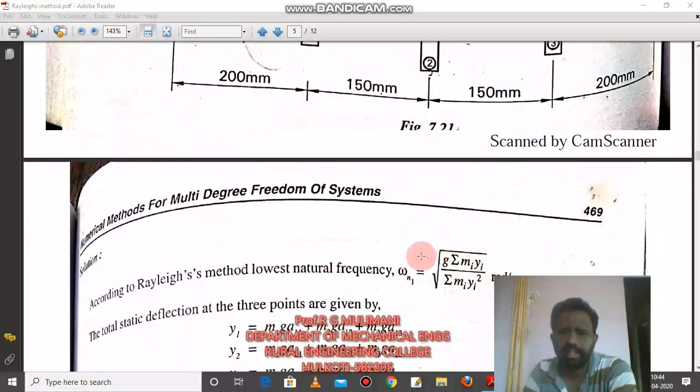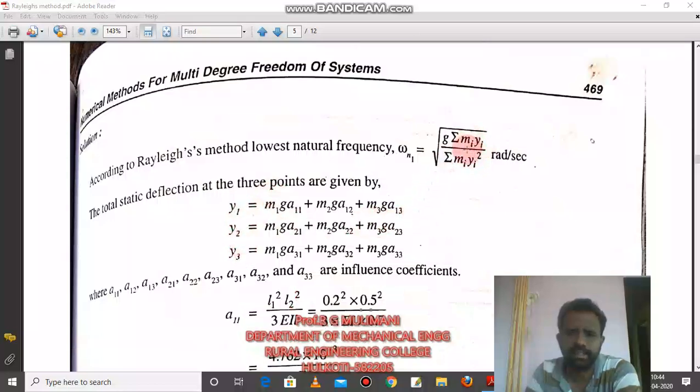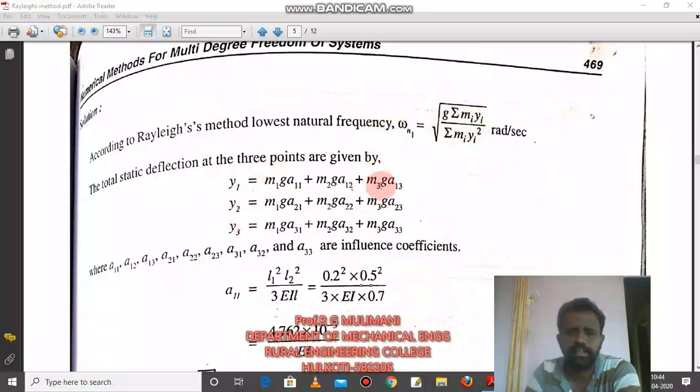Then omega n is equal to square root of g into m1 y1 plus m2 y2 plus m3 y3, divided by the summation of mi yi square, which is m1 y1 square plus m2 y2 square plus m3 y3 square. You find y1, y2, y3 first, then substitute these values here, and you will get the natural frequency of the system.